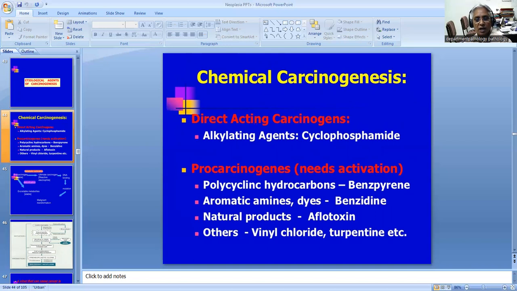These chemical carcinogens either act as directly acting carcinogens, or they are procarcinogens, meaning they need activation to become carcinogens. The most important directly acting carcinogens are alkylating agents such as cyclophosphamide. While the procarcinogen group, which needs activation, includes polycyclic hydrocarbons, benzopyrene, aromatic amines, dyes such as benzidine, and natural products such as aflatoxin, vinyl chloride, or epoxide. When they are activated, they act as chemical carcinogens.